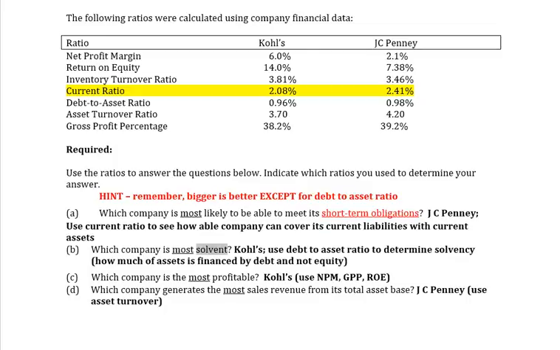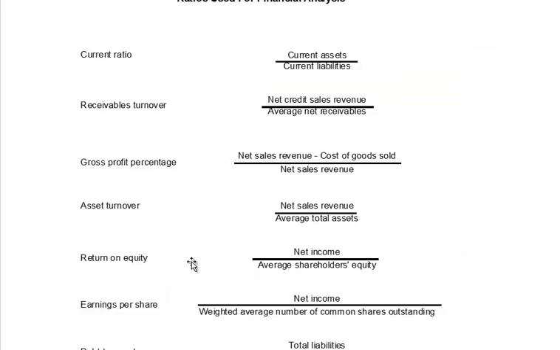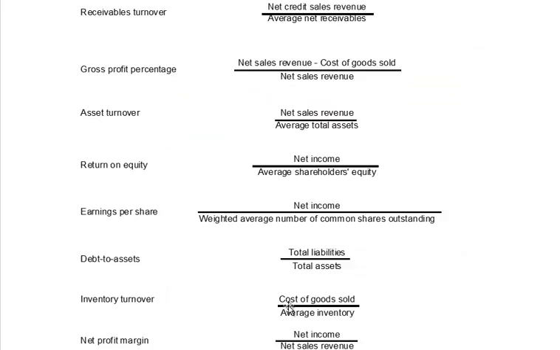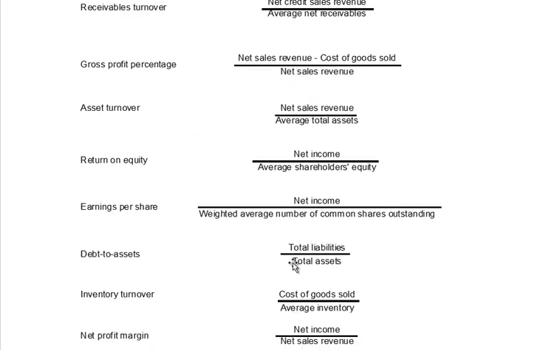Now, let's have a look at the one that's the most solvent. Whenever we talk about solvency, we're always talking about debt to asset ratio, because we're looking at solvency in the long term and in the short term. It just says the most solvent. So over the longer term, who would be the most solvent? The one with the lowest debt to asset ratio. Remember, the debt to asset ratio is the one that shows us total liabilities to total assets.